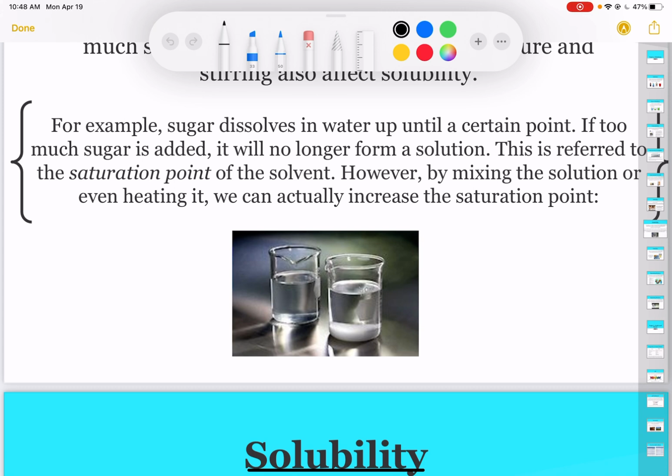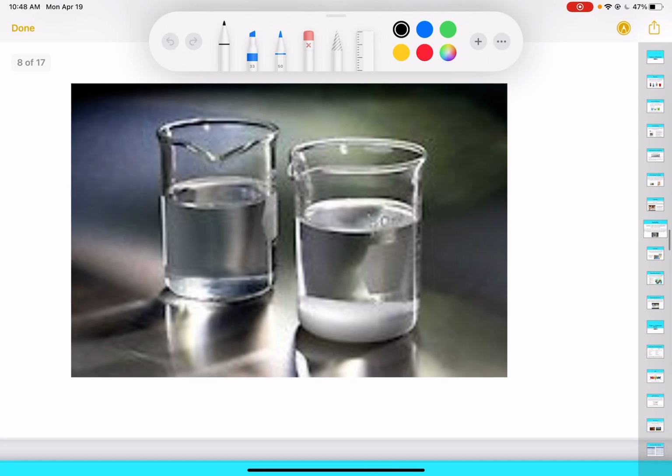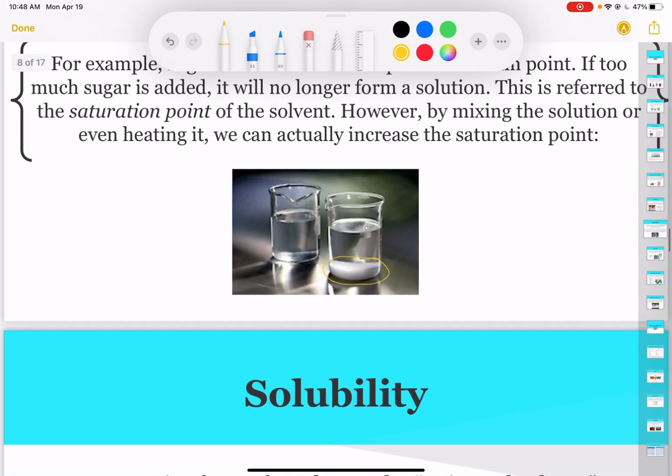So basically, if you see on the right hand side here, there's a whole bunch of sugar that's still at the bottom. It hasn't dissolved, but if we added heat to that, we could actually increase the amount that would be dissolved. Okay, so the one word we're referring to here is that saturation point.